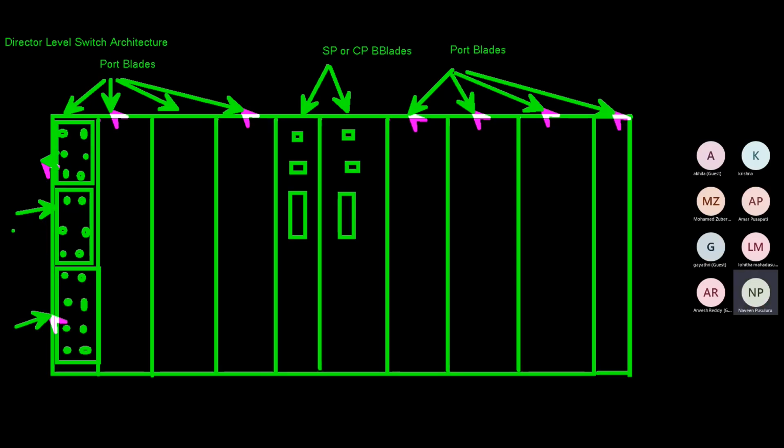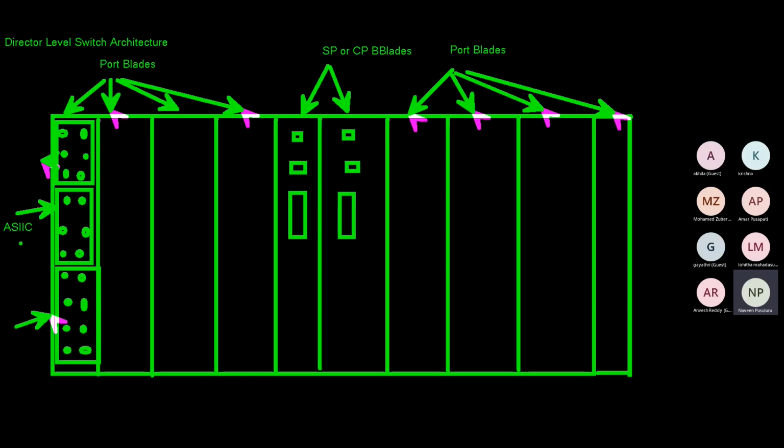Under every port group there is a processor which we call an ASIC. I don't remember the full form of ASIC, something like application specific circuit, I'll tell you later. But there is a processor or chip called ASIC under every port group.